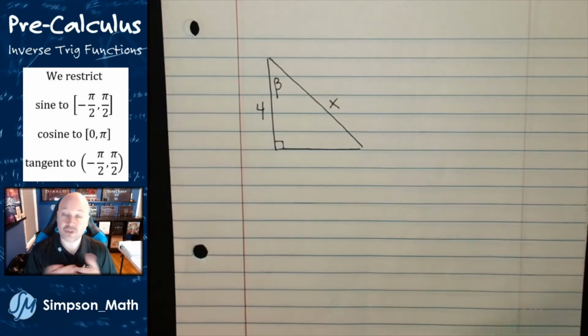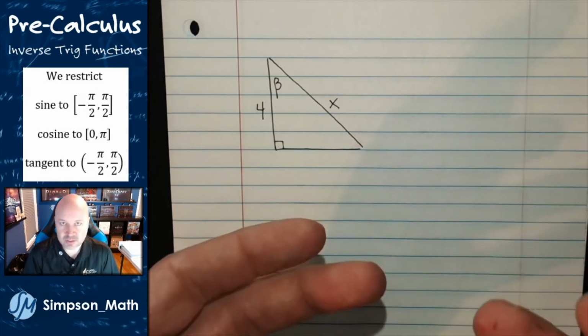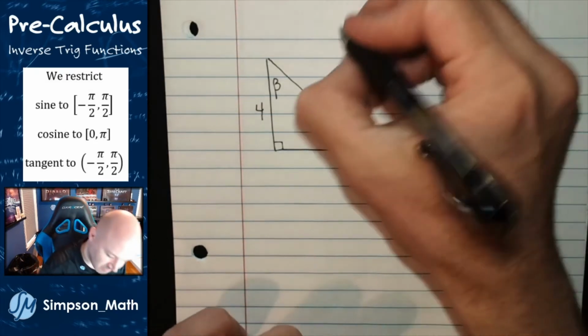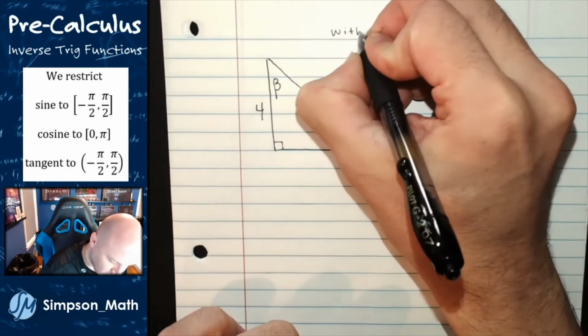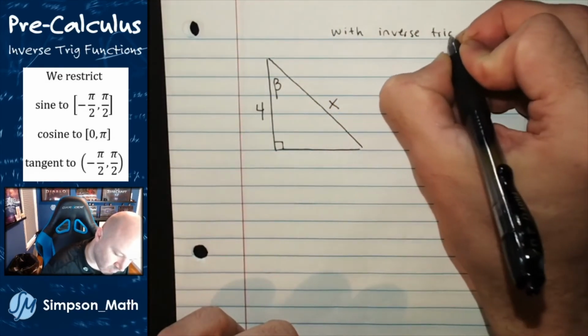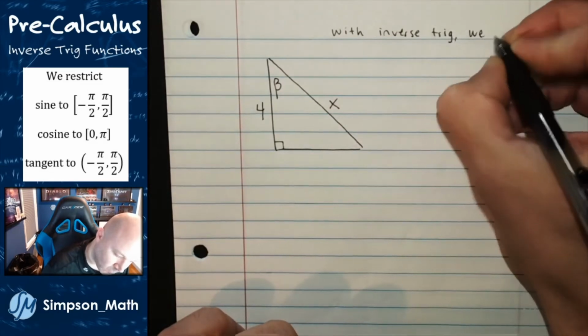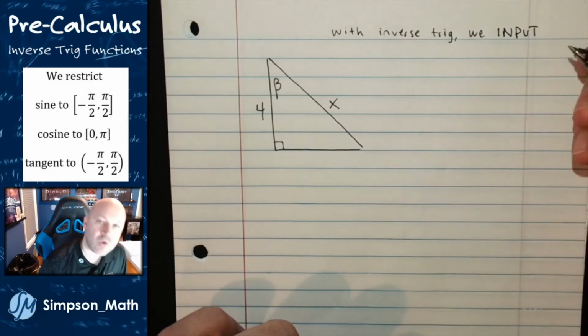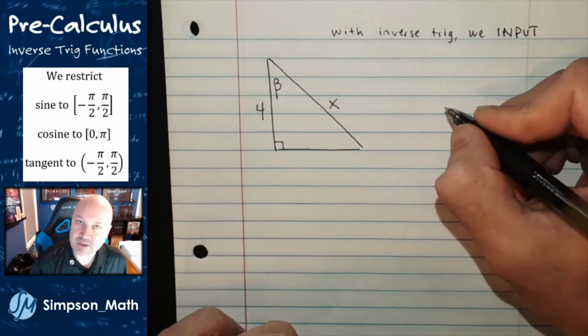We've been using trig to find the ratios. When you input angles, you output the ratios of the side lengths of a triangle. Let me just write that down. With inverse trig, it's the reverse.